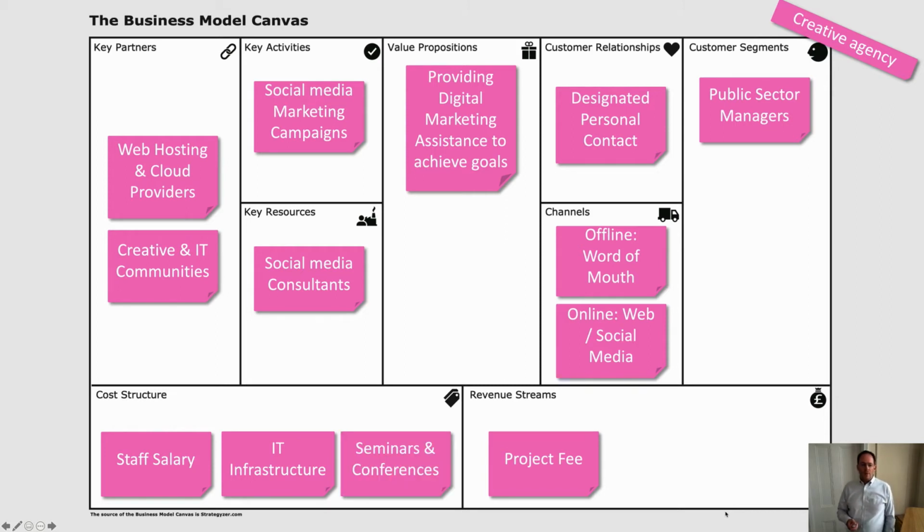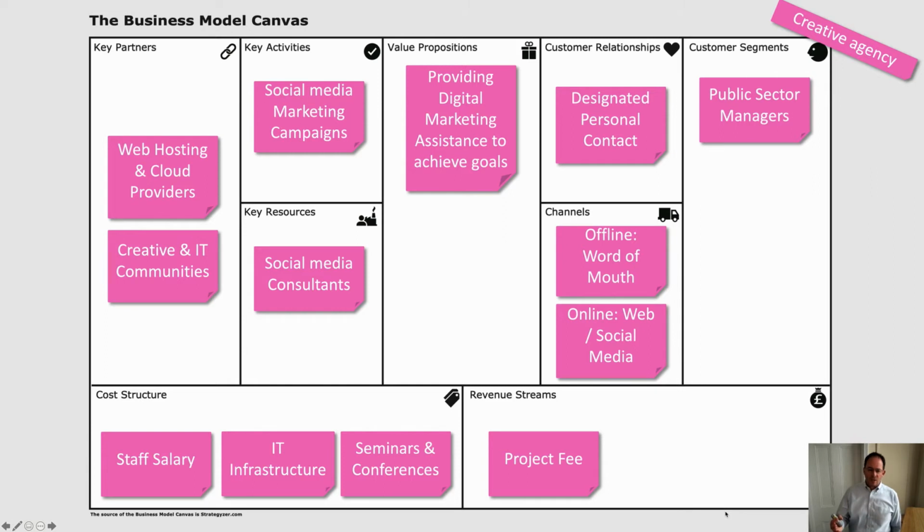Okay, so the other aspect that was a heavy cost really from the beginning was seminars and conferences. And why was that? Well, to be able to develop that offline word of mouth, the founder had to go where his customers were, and the place to find them was at seminars and conferences.